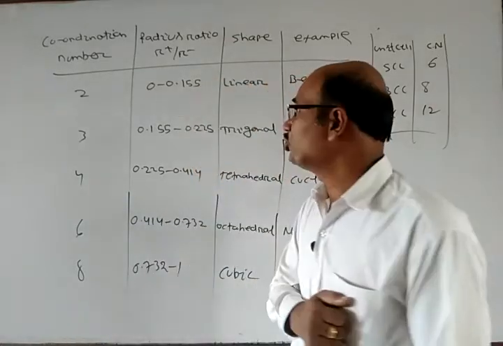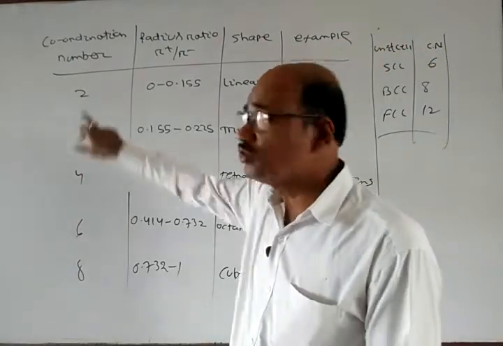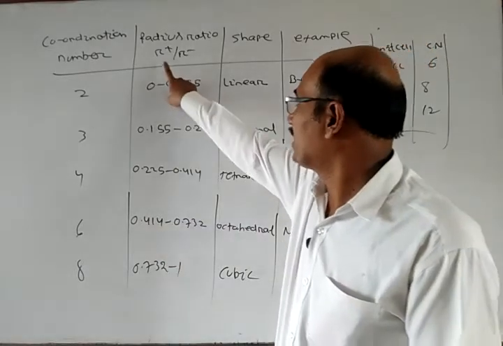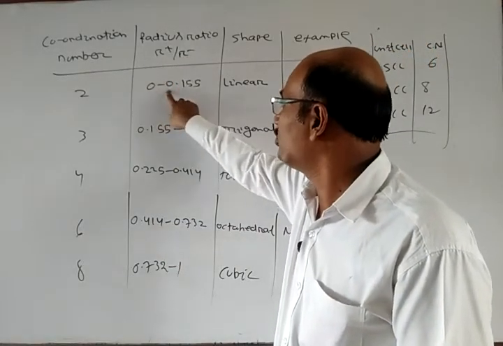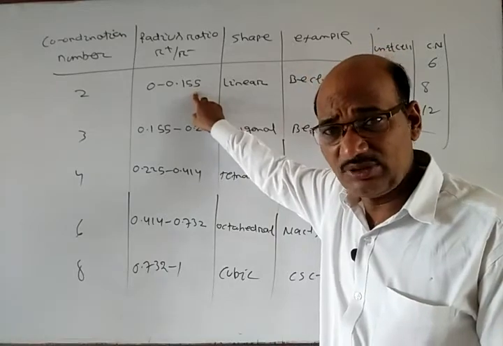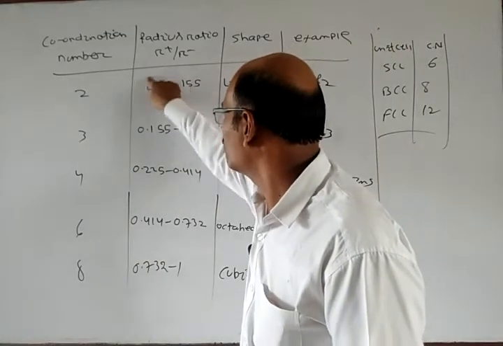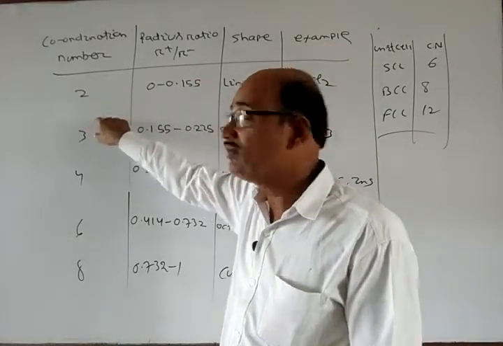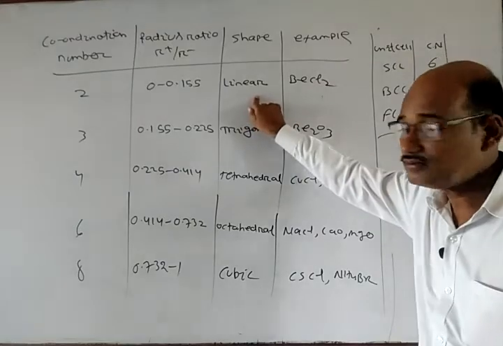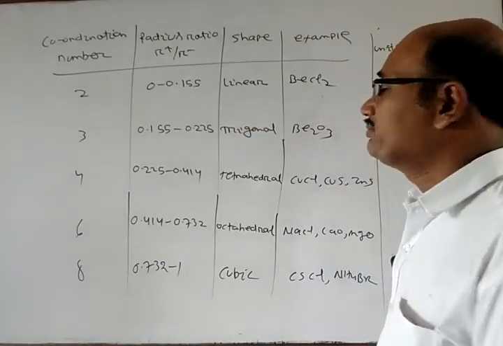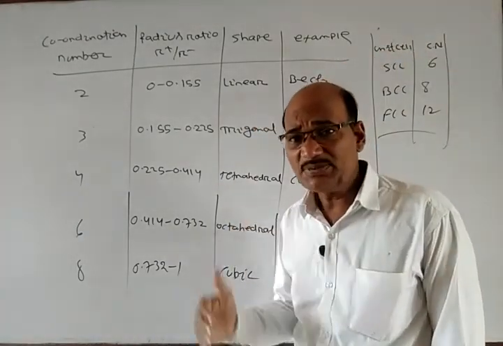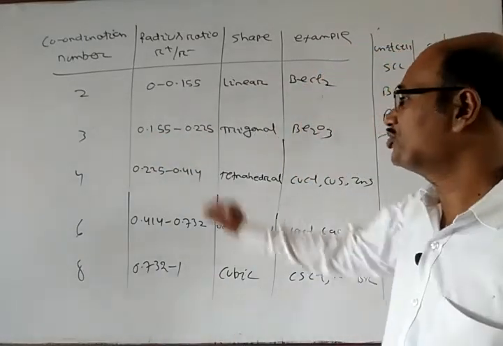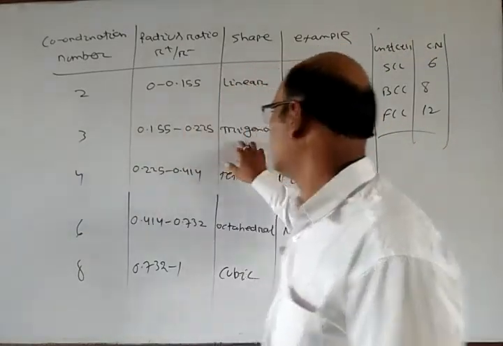For example, if the radius ratio r plus by r minus lies between 0 to 0.155, then its coordination number will be 2, and accordingly the shape will be linear. Similarly, if the radius ratio value lies from 0.155 to 0.225, then the coordination number will be 3, and the shape will be triangular.